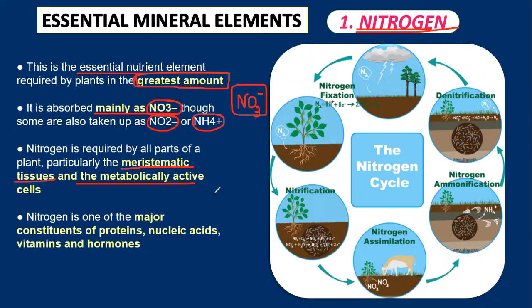Your answer options will contain nitrogen, carbon, boron, copper. As I have already told you, we will be studying 13 to 14 elements, and among them you have to choose the answer. So you have to learn the functions by heart. The element required by the meristematic tissue and the metabolically active cells is nitrogen.